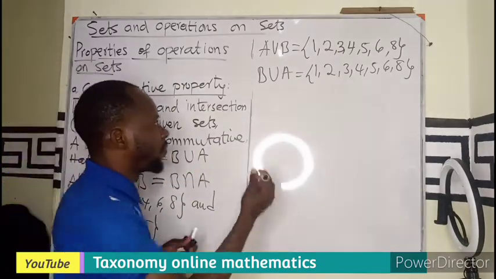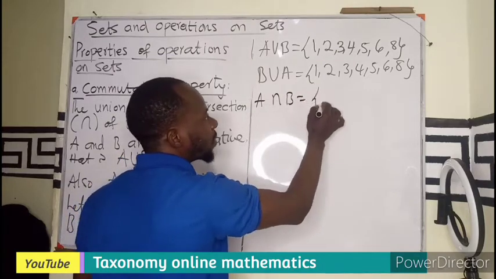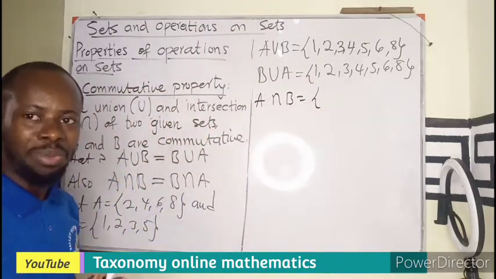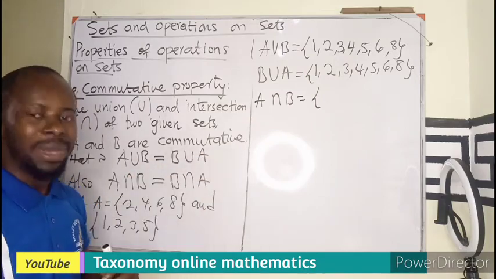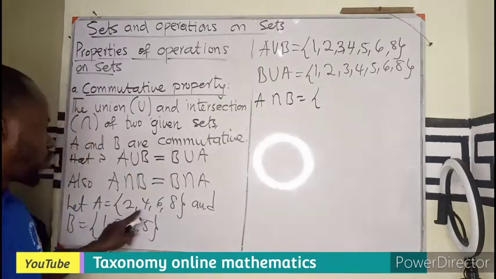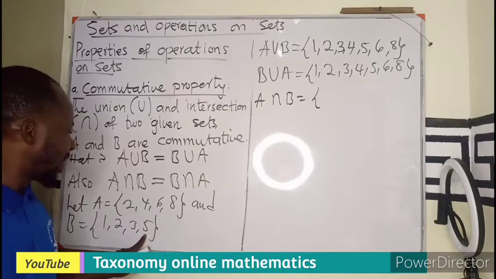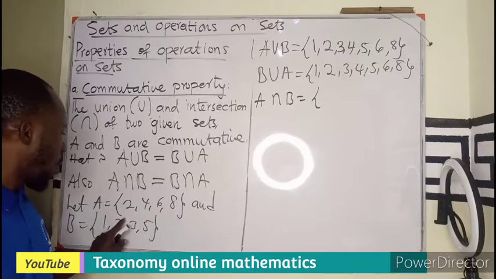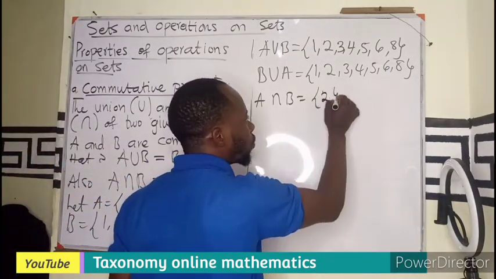Similarly, if I'm looking for A intersection B, looking at the two sets, what are the common elements or members? Looking at 2, 4, 6, 8 and 1, 2, 3, 5, the only element common to the two is the element 2.